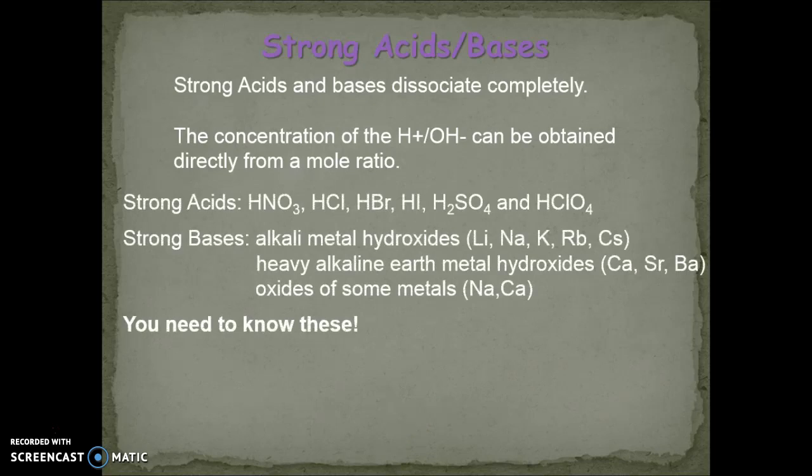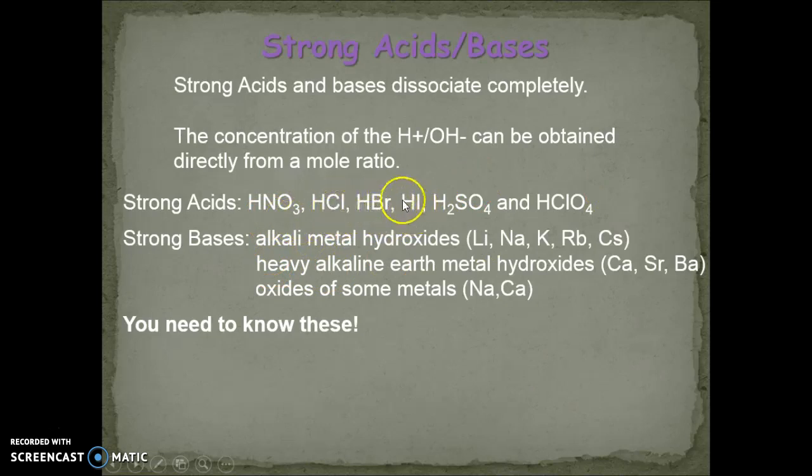So here's the strong acids and bases that you need to know. You need to memorize these if you have not done so from first year. So there are six strong acids. Nitric, hydrochloric, hydrobromic, hydroiodic.